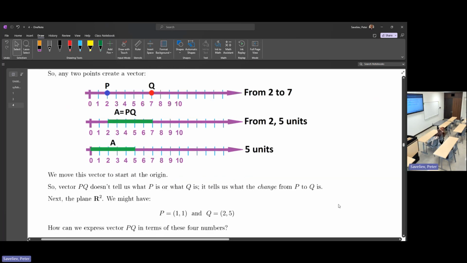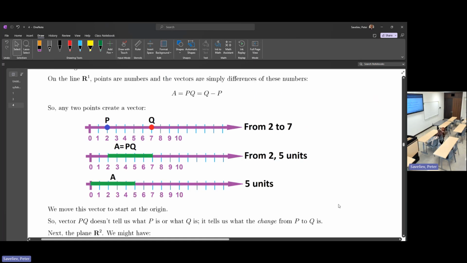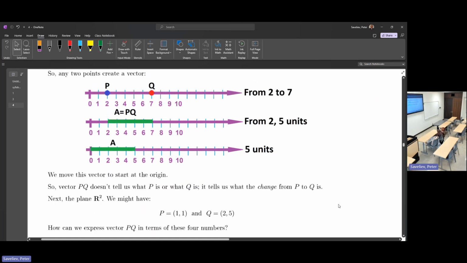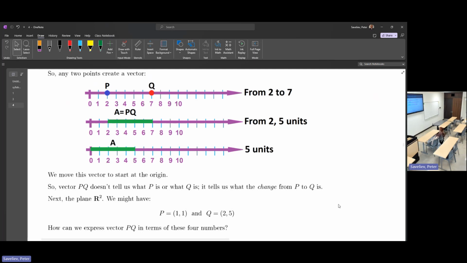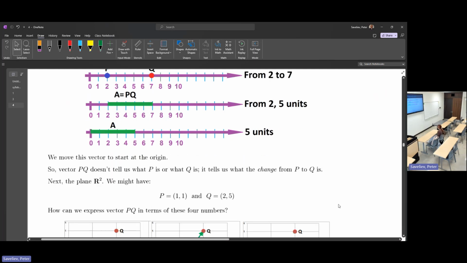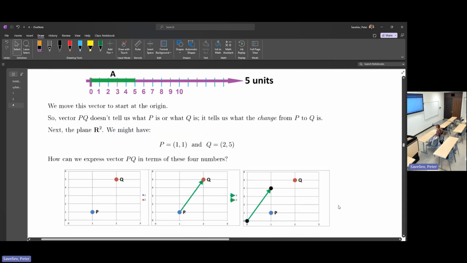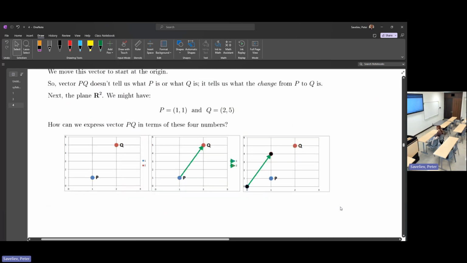As we discovered, the addition of vectors in dimension 1 is adding components. In dimension 2, it's also adding components, and the operation is the same. Here, as you can see, are 2 points. The idea: connect them by a segment from P to Q, and then shift the segment to the origin. We did it in dimension 1, and now we do it in dimension 2.